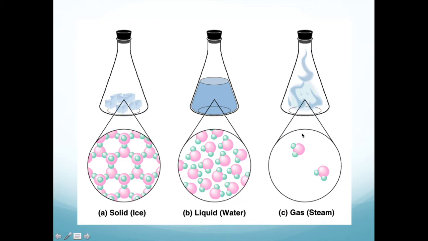Now, gases, on the other hand, have neither a fixed shape nor a fixed volume. The reason for that is, again, the arrangement of those molecules. In a gas, your molecules are very spaced out. They're not held in place, they're constantly moving around, but unlike a liquid where the molecules are all close together, in a gas they're far apart. And it's this distance apart that allows gas molecules to have a variable volume.